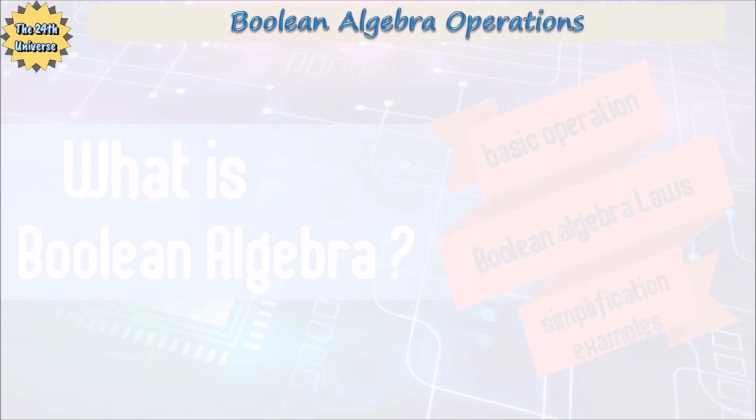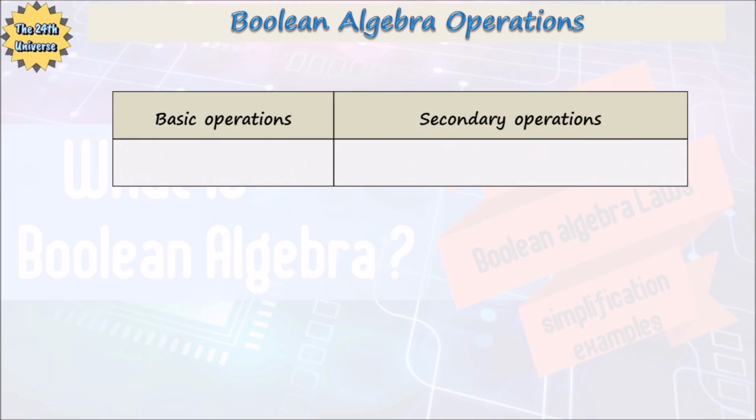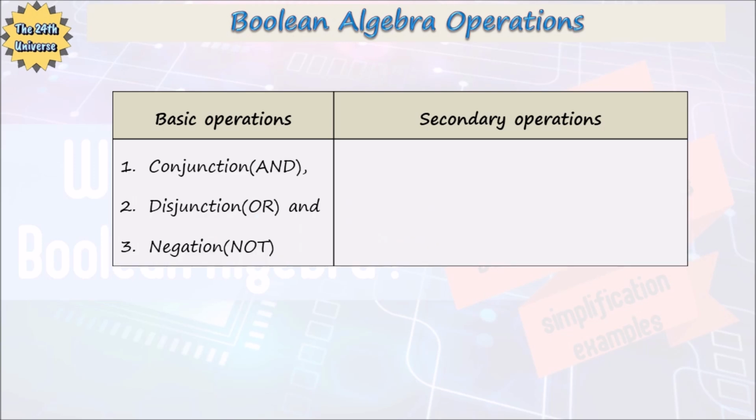Now let us see Boolean algebra operations. Boolean algebra operations can be classified into two groups, basic and secondary operations. Basic operations: Boolean algebra has three basic operations: conjunction, disjunction, and negation, expressed with the corresponding binary operators and, or, and the unary operator not, collectively referred to as the Boolean operators.